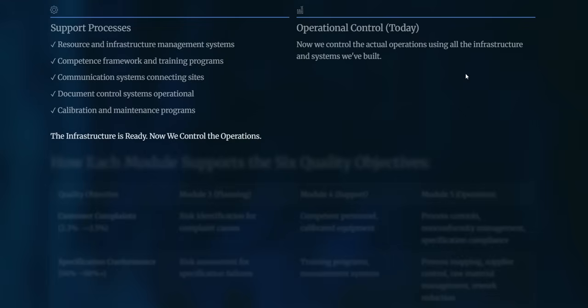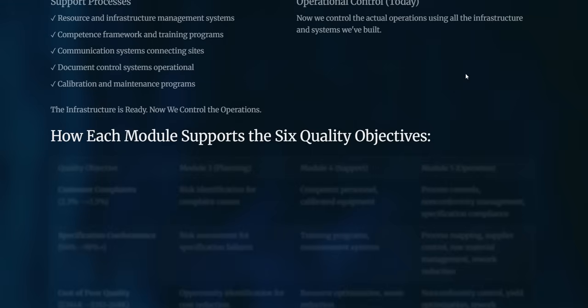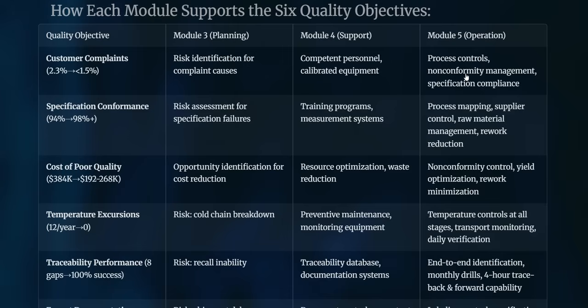The infrastructure is ready if you implemented all the previous modules, and now with this Module 5, we control the operations. Now let's see how each module supports the 6 quality objectives. First, we start with the quality objective of customer complaints. Currently, we are at 2.3% and we want to reduce to less than 1.5%.